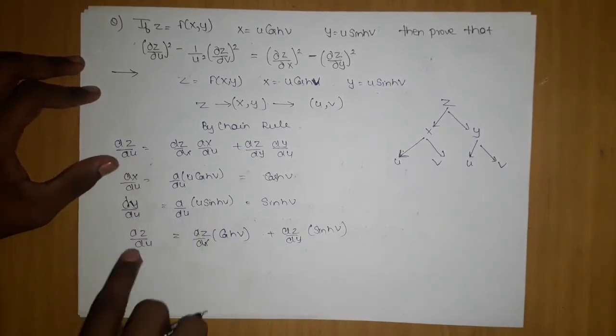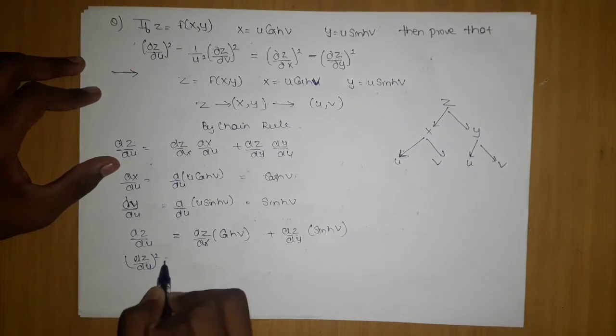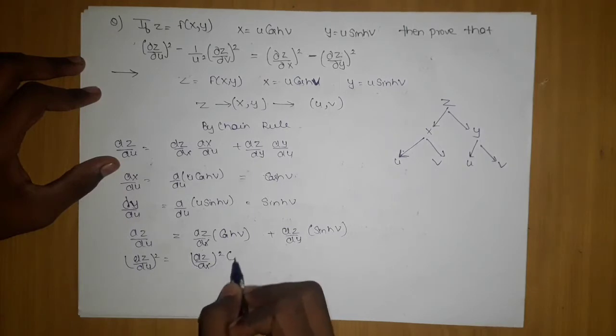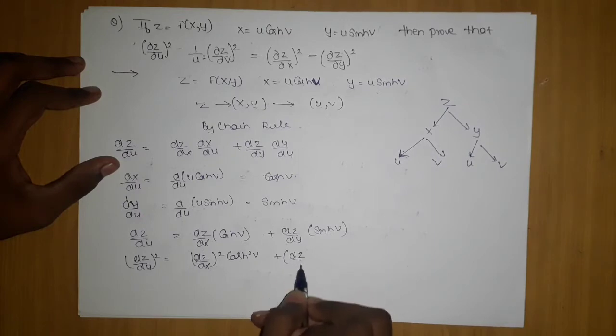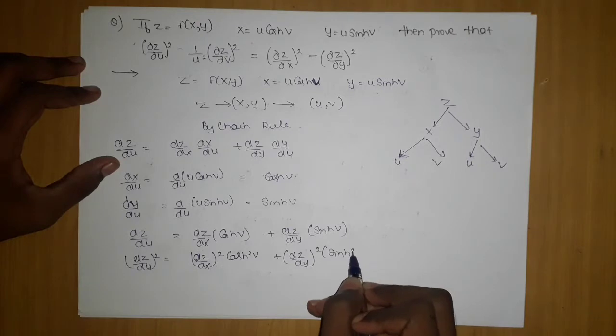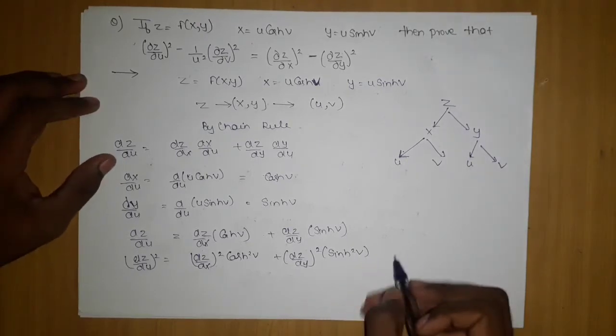Now what we need to do is square this. The moment I square this, (∂z/∂u)² equals (∂z/∂x)² cos h²v plus (∂z/∂y)². Just keep in mind that these are hyperbolic functions, okay? Don't get hasty and apply cos²θ plus sin²θ equals 1.